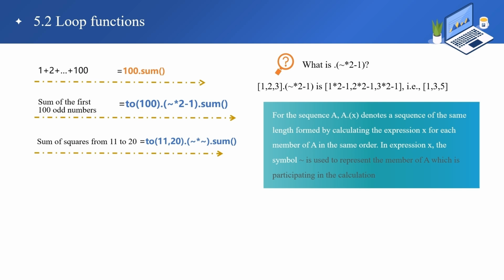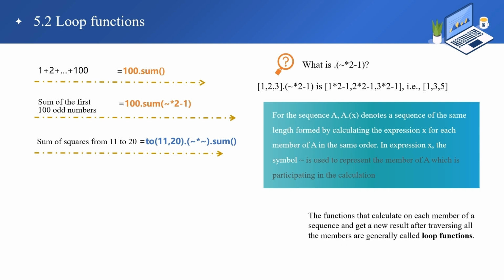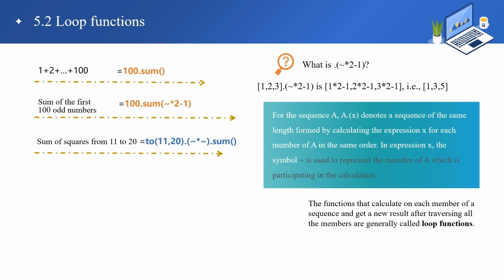And the first 100 odd sum can also be written as 100.sum times 2 minus 1. Isn't it very simple? The functions that calculate on each member of the sequence and get a new result after traversing all the members are generally called loop functions. A.x, aggregate functions, and simplified form of A.f are all loop functions.